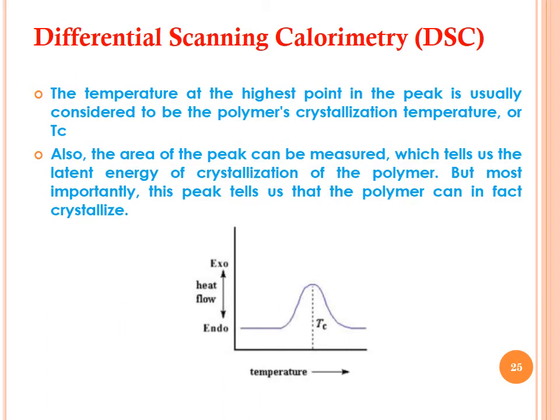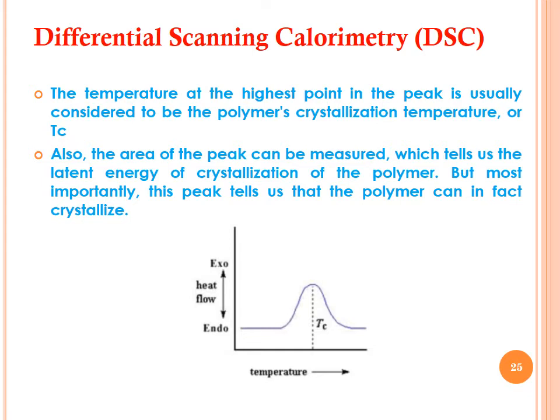The temperature at the highest point in the peak is usually considered to be the polymer's crystallization temperature, that is Tc. Again from the curve you can see exo and endo, heat flow is along the y-axis, temperature is on the x-axis. From the graph, the maxima represents Tc. Tc is the polymer crystallization temperature.